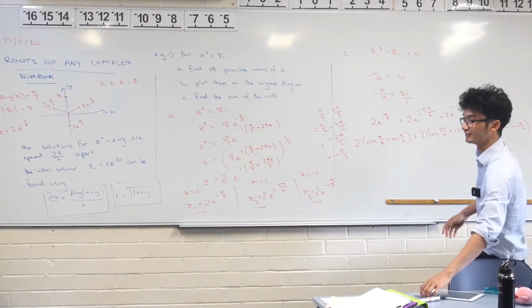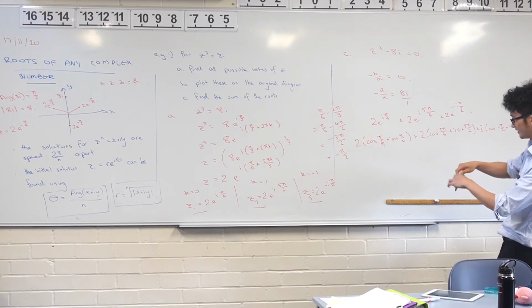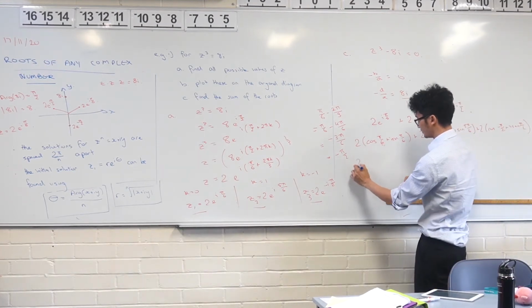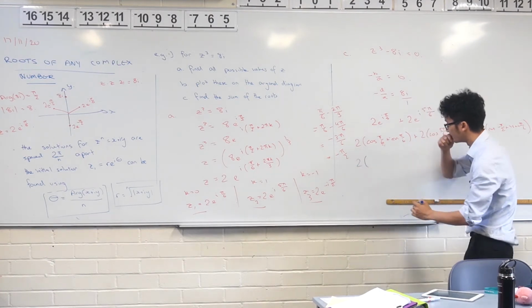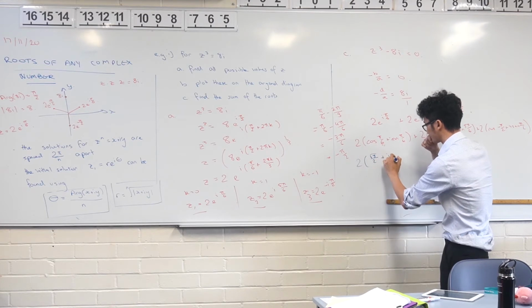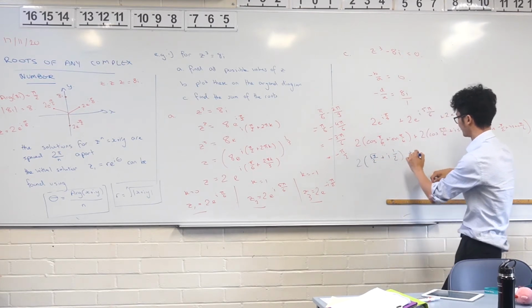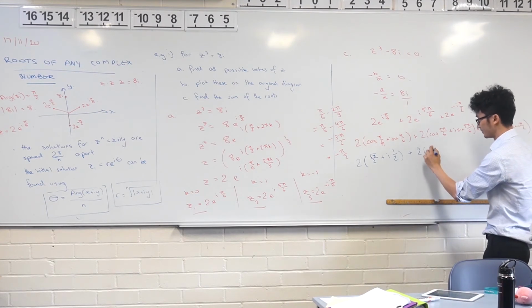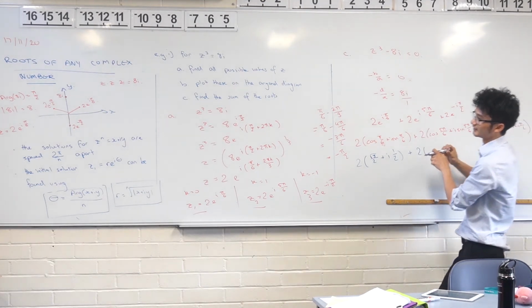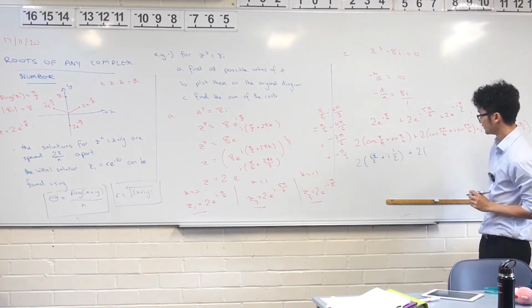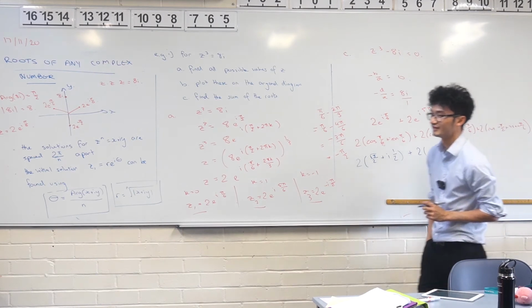How'd you go? What do you get? Well, the 2 cos, 2 with bracket 3 on 2, plus i half. And then we have 2 and then that one would be... That's right.